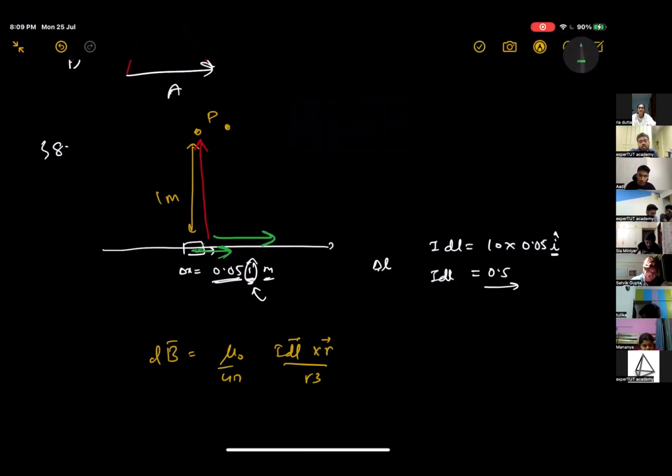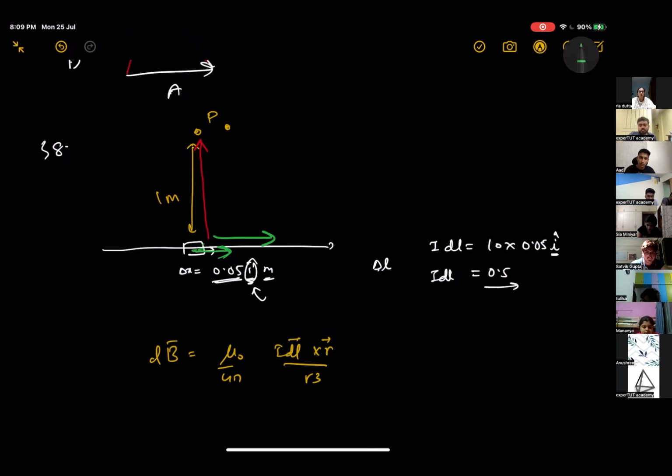When you do green vector cross red vector, take your hand in the green direction and then curl the fingers towards the red. We have done this right before. So the thumb will come out in which direction? Up, coming out of the plane or into the plane? It will be coming out of the plane.